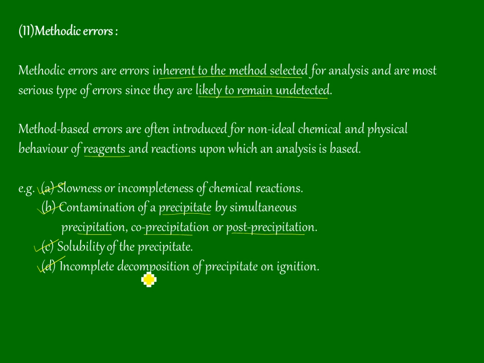In case of gravimetric analysis, if you are decomposing the precipitate but the decomposition process was incomplete, in that case the weight of the precipitate is highly influenced because of this incomplete decomposition, and which can lead to error in the final results. That's why you have to avoid the methodic errors.